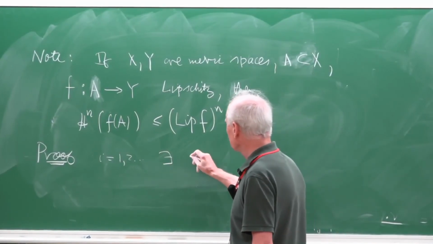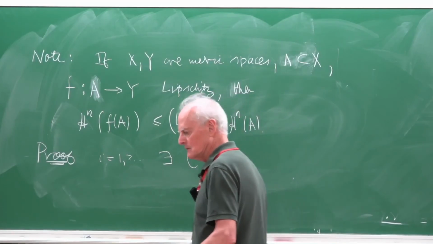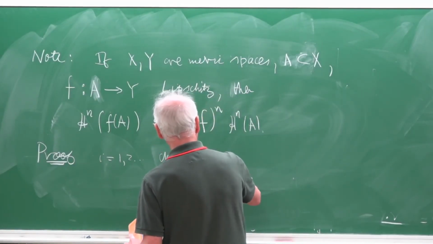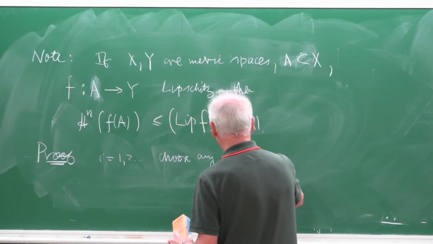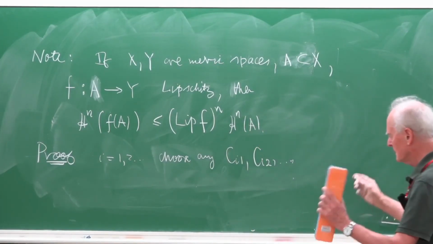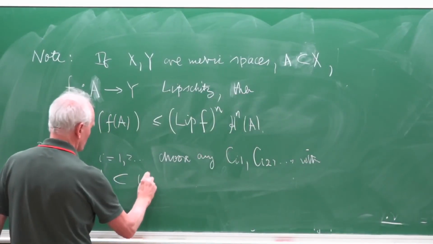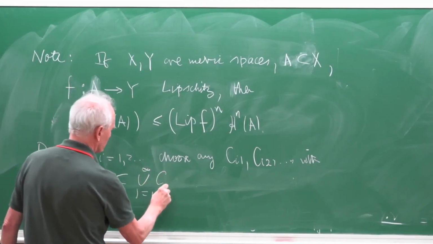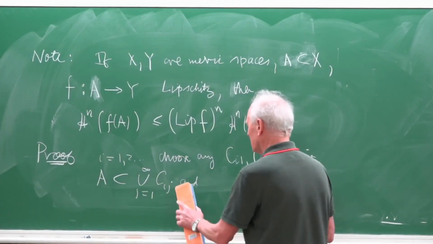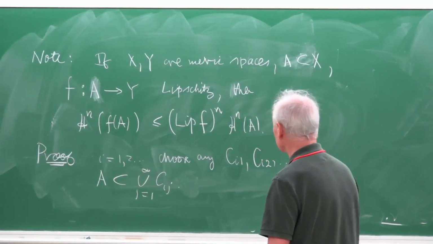So there exists, choose any cover actually, choose any C_i1, C_i2, etc. with A contained in the union of the C_ij, right. I think that's all we need for the moment.